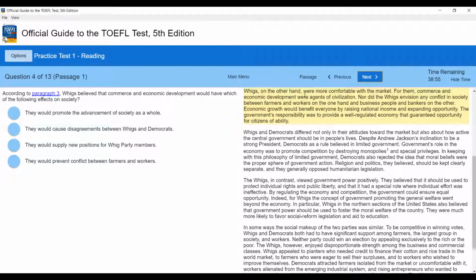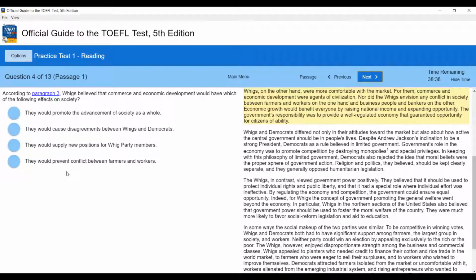So this idea of agents of civilization means it would make things grow. Also here, this economic growth would benefit everyone by raising national income and expanding opportunity.